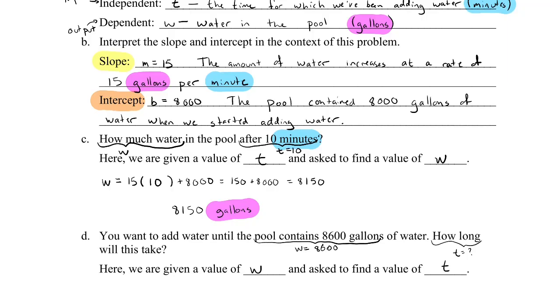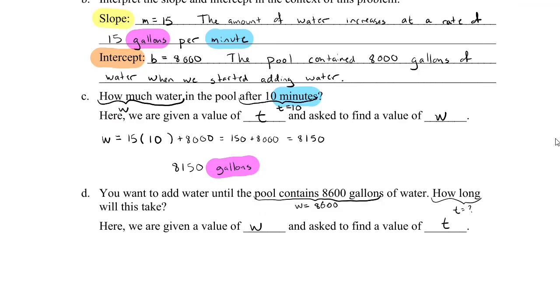So again, we take our equation, which was W equals 15t plus 8,000. And now we're going to plug in our known value of W, 8,600, and leave t as a variable.